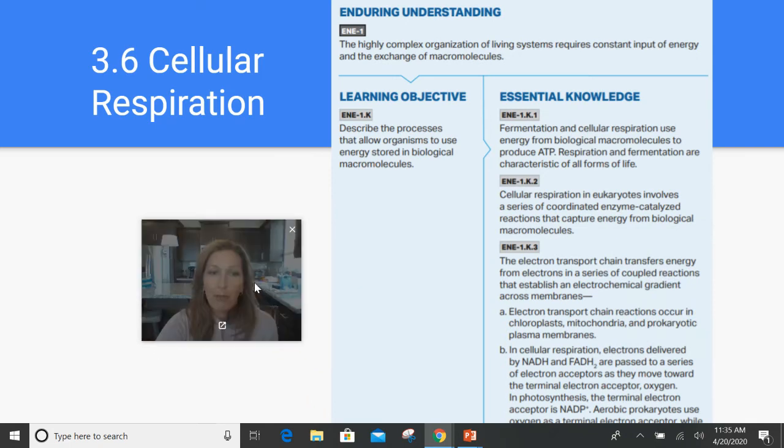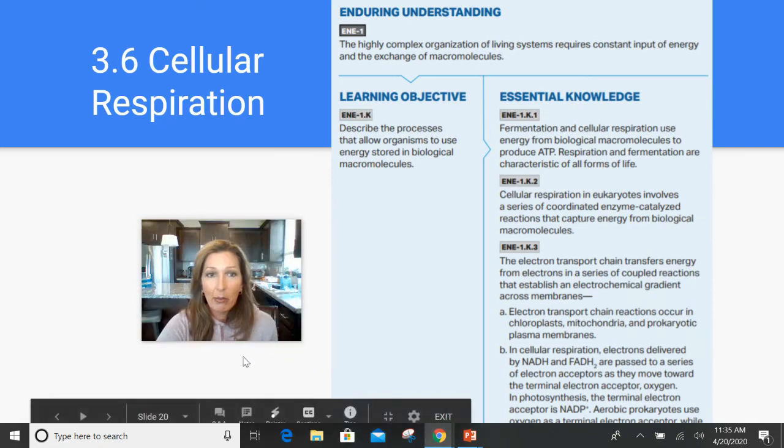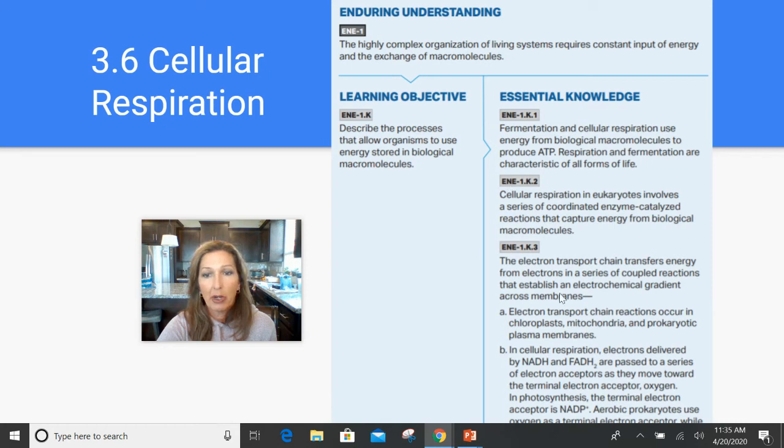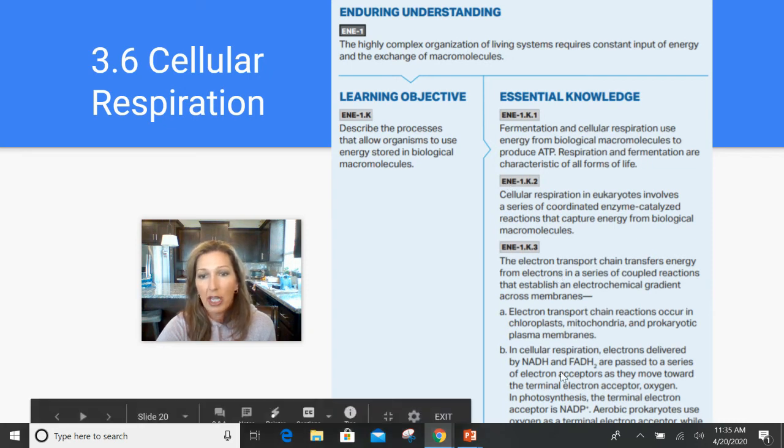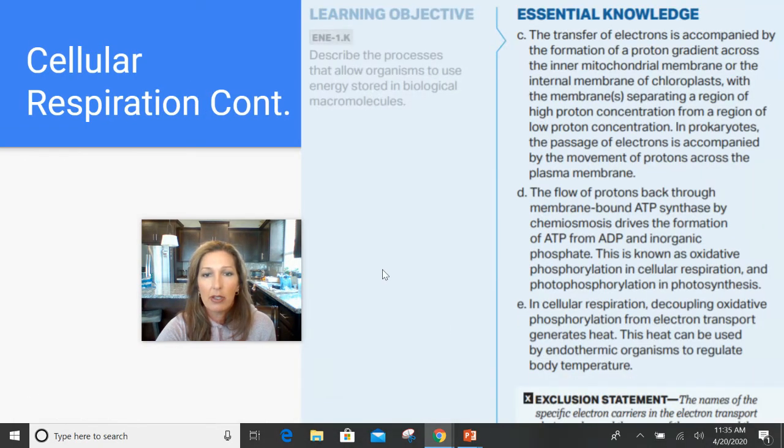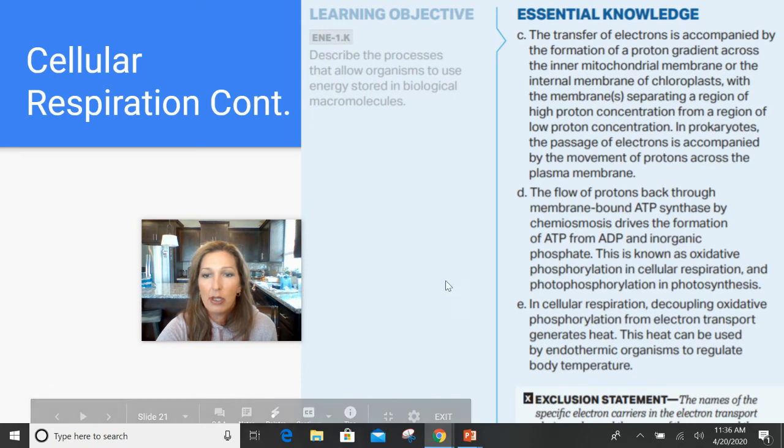All right, you may want to pause and take a break and then come back to this topic of cellular respiration. Because with cellular respiration, if we look at the learning objectives and the essential knowledge, here's the first page. We talk about fermentation, cellular respiration. We are talking about the electron transport chain, NADH, FADH2. We're talking about a series of electron acceptors as they move through. We are talking about ATP synthase again and chemiosmosis.